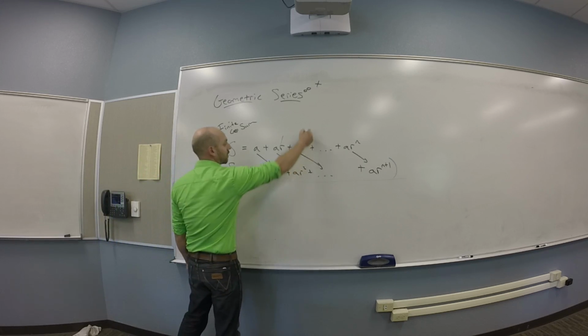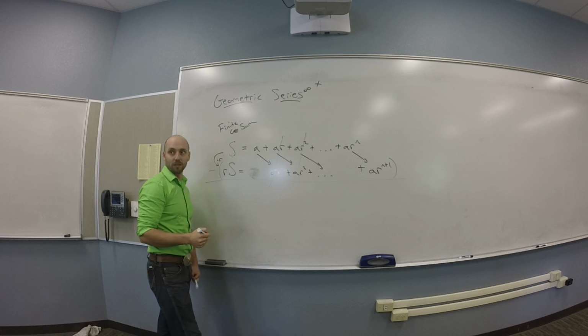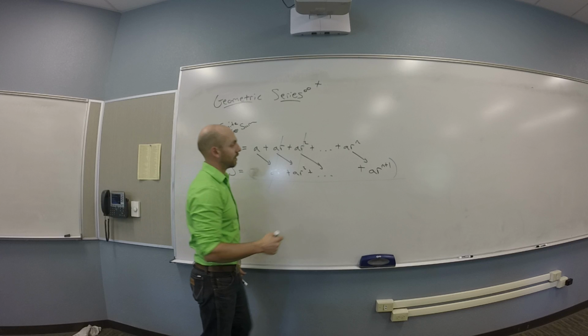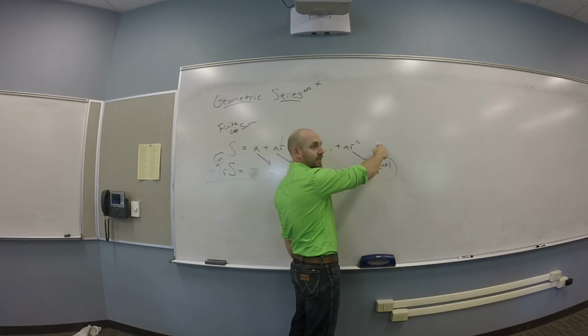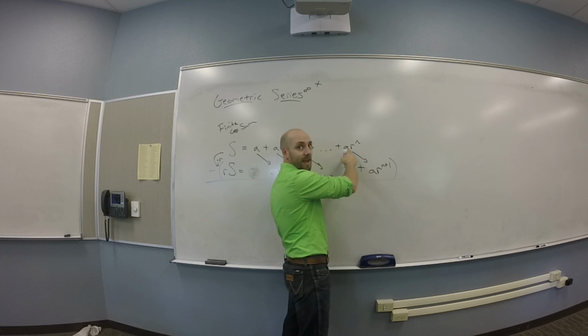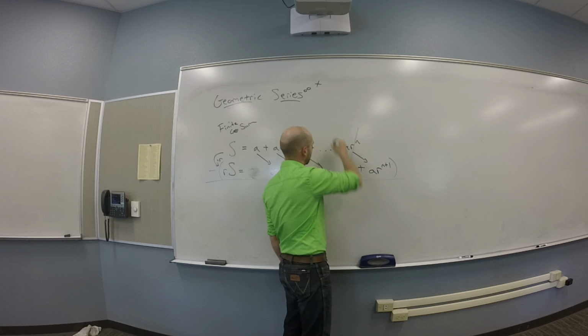Some things are going to cancel. ARs are going to cancel. AR squareds are going to cancel. That AR to the N plus 1 doesn't have anything to cancel against it. Does the AR to the N? That cancels. Yeah, that one's got something to cancel against.